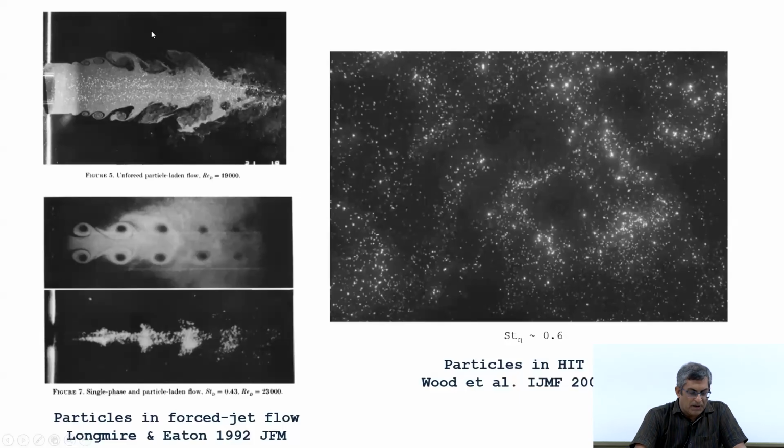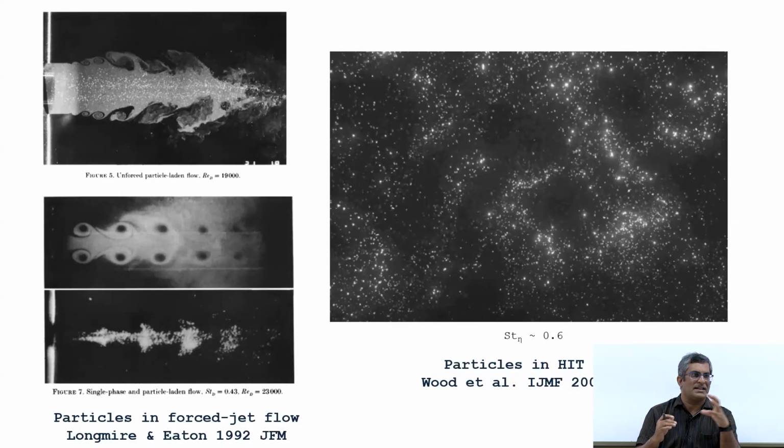Then this is an experiment. So, people have tried different configurations also. This is an experiment in which the authors did this more than 30 years ago. Here they considered one jet of air, but they used speakers to perturb or force the jet. So, here you have a jet under periodic forcing.